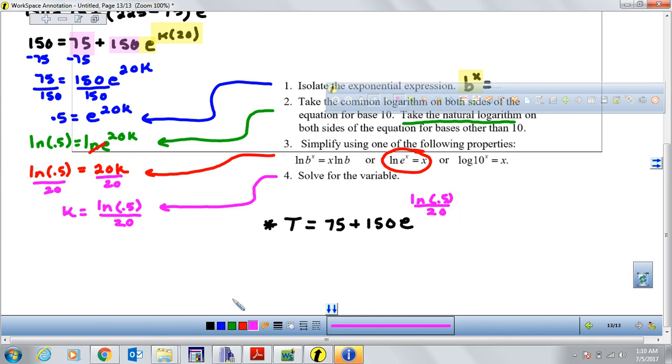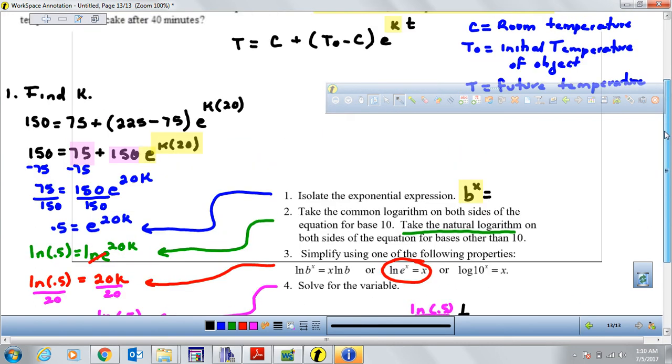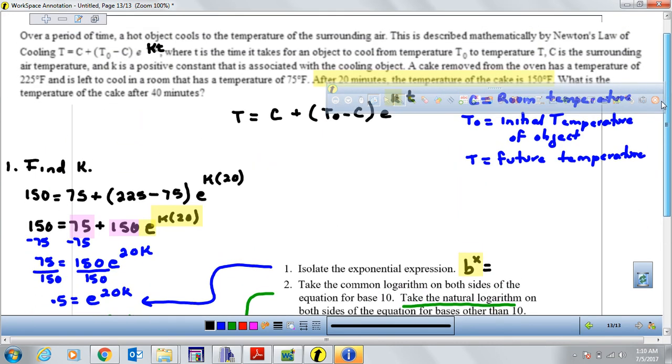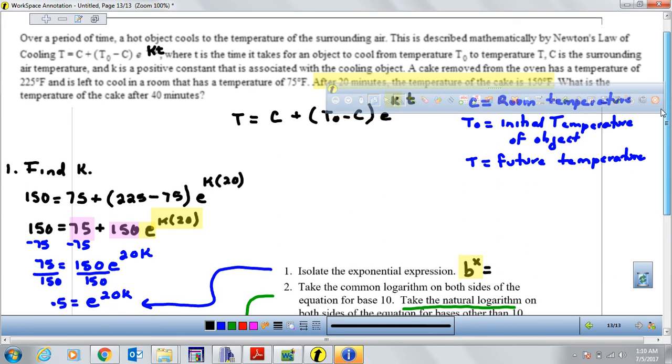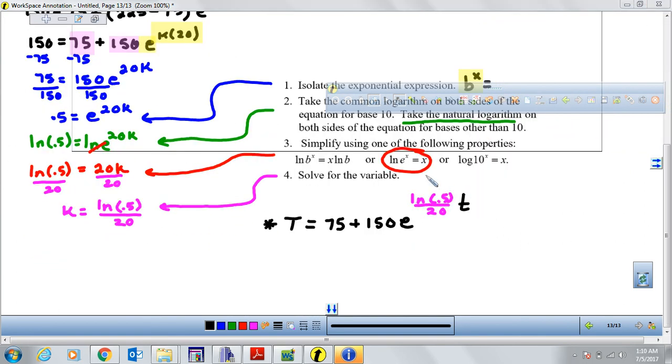This is my equation for this model. We baked a cake, and the temperature of that cake is decreasing at this rate.